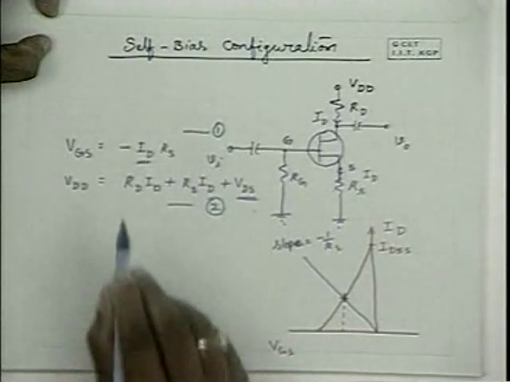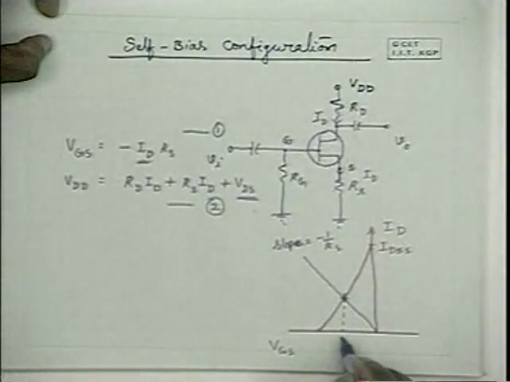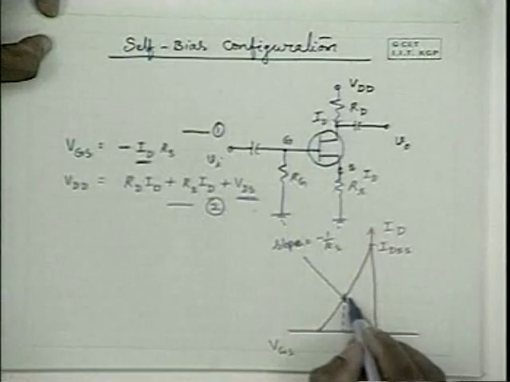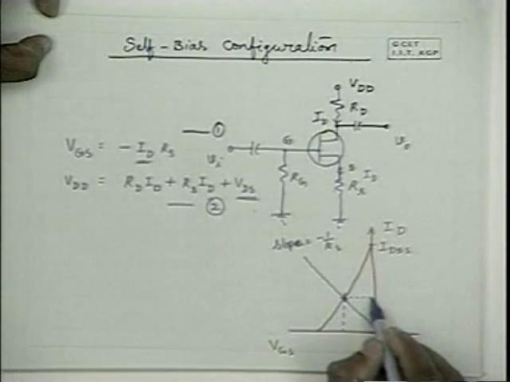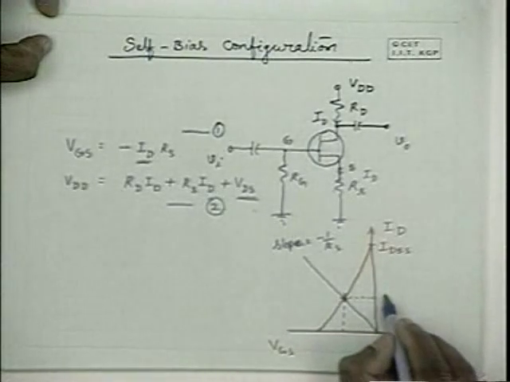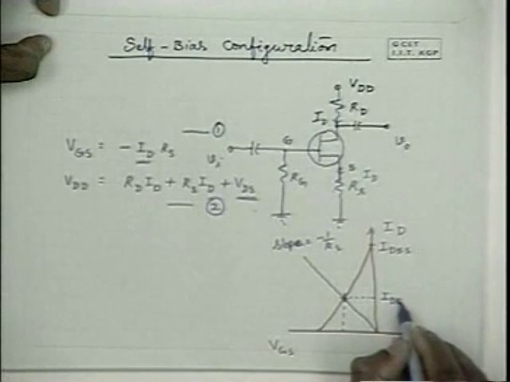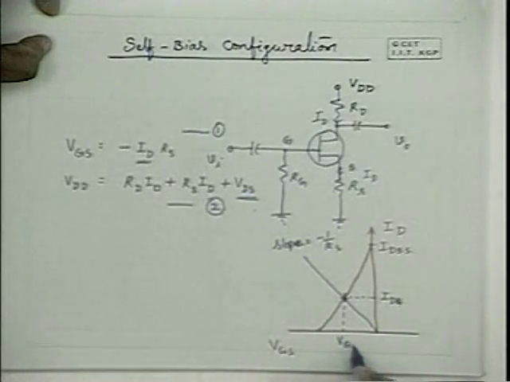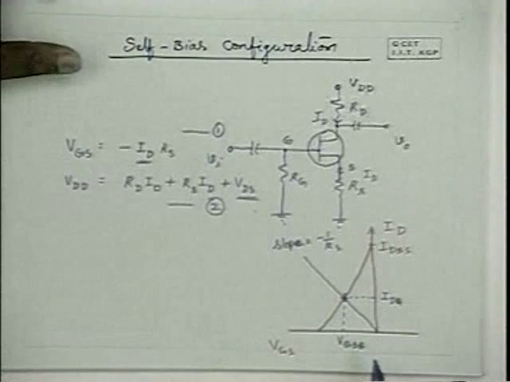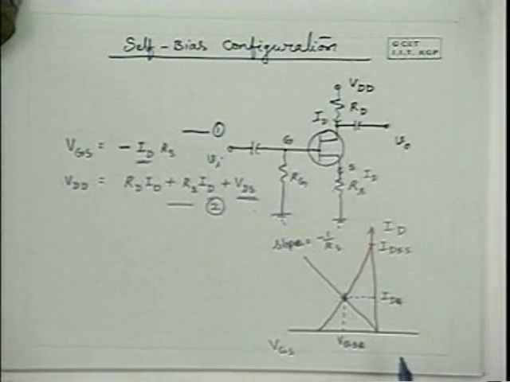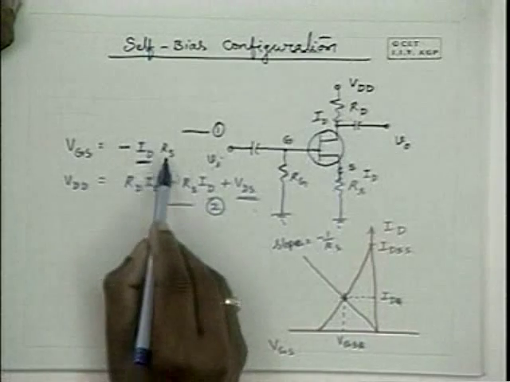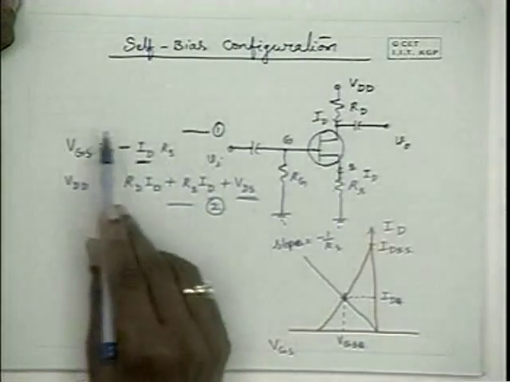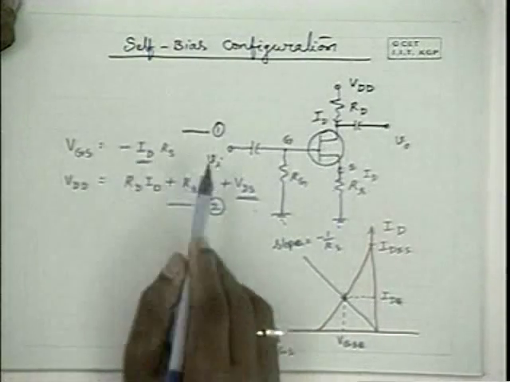According to this equation, this is the particular VGS given Rs, and this is the particular drain current. This is IDQ and this is VGSQ. Once Rs is fixed and the device is fixed, for that particular IDQ you will get this particular VGSQ.